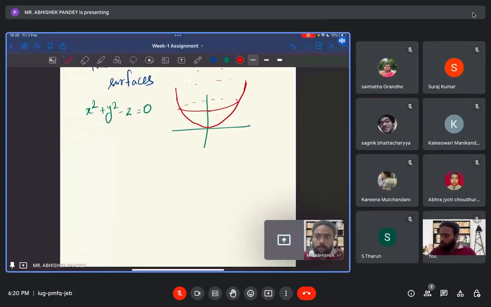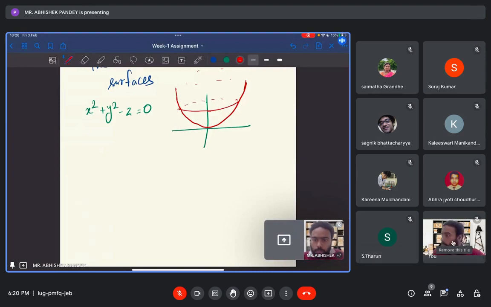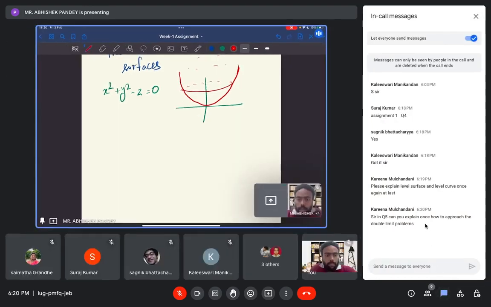Okay, so now let us move towards the next question. We'll talk about some limit questions, limit of the function and partial derivatives. In question number 5, I'm having doubt whether question number 5 and question number 4 are previous year assignment questions or this year assignment questions.